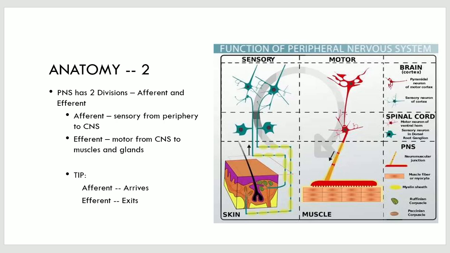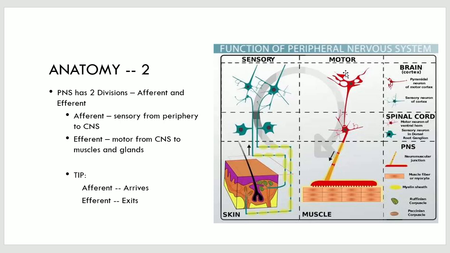In this picture, something is affecting the skin. Nerves are picking that up and sending it via the PNS to the spinal cord onward to the brain. Again, spinal cord and brain are the CNS.